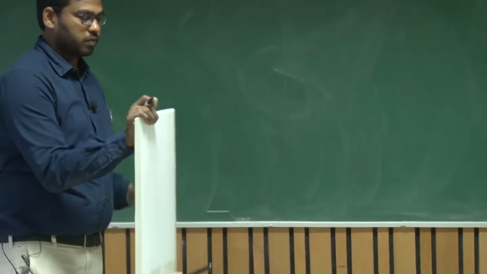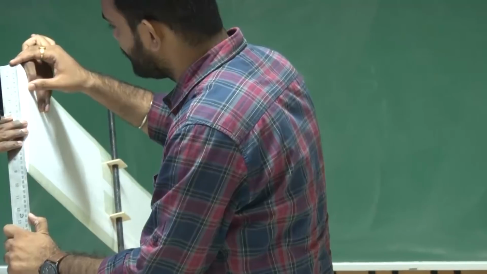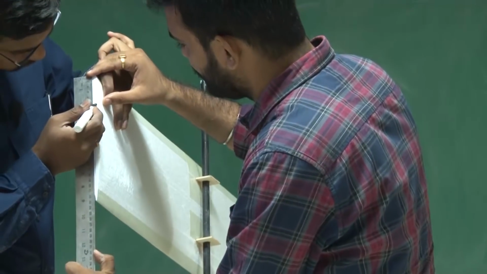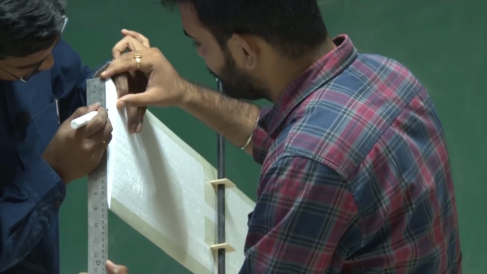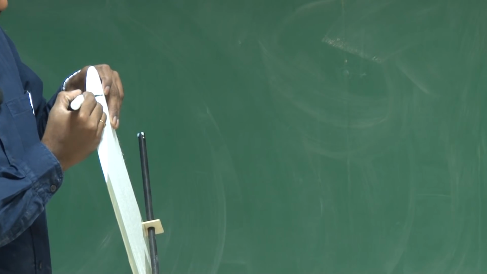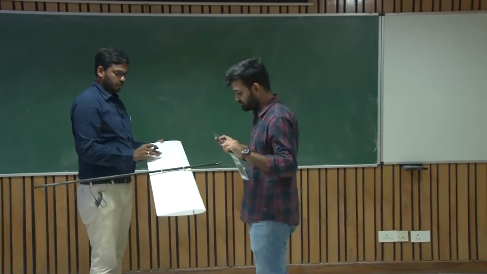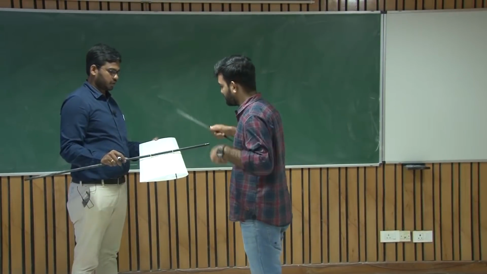What about this side? Can we mark it again? This again is 5.75 centimeters. So if I draw a line representing the mean aerodynamic chord of this, can we do that?